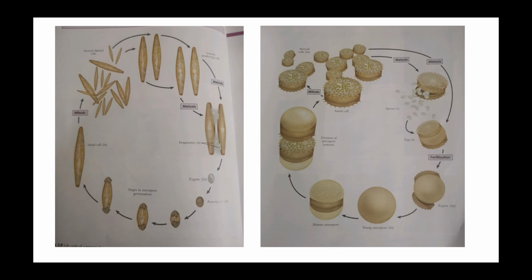The zygote is a diploid 2N stage, and so is this auxospore, where it can remain, not indefinitely, but for an extended period of time until the conditions are right, and then they go through these stages in auxospore germination until we end up with the initial diploid 2N cell.